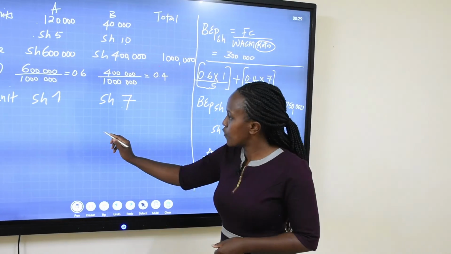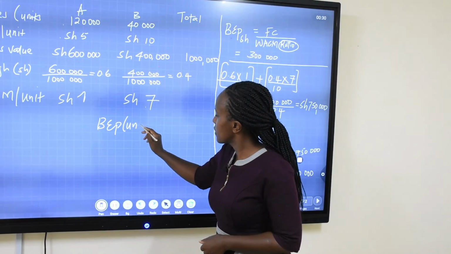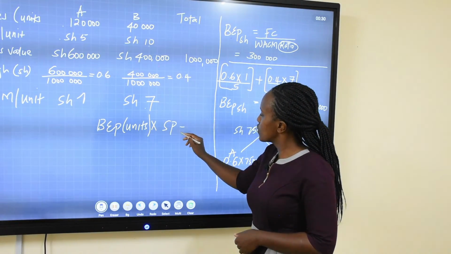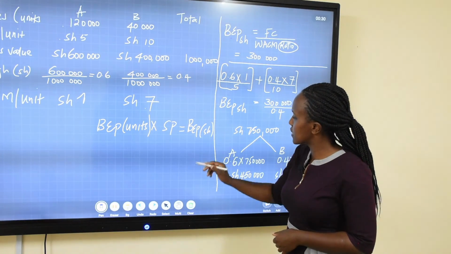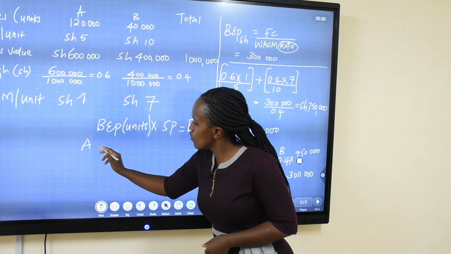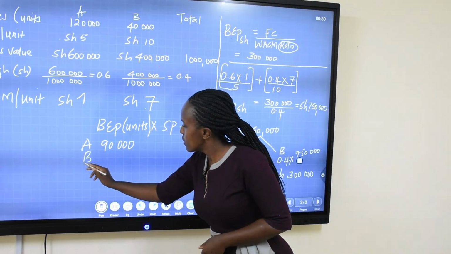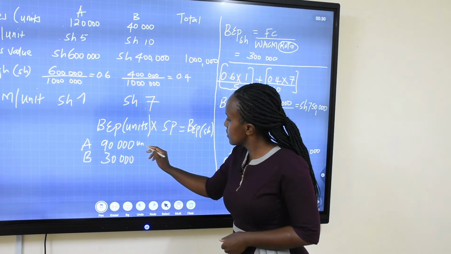If you remember our formula, we said that BEP in units multiplied by selling price should give you BEP in shillings. And we can prove that. For A, the units is 90,000. For B, the units is 30,000 units.